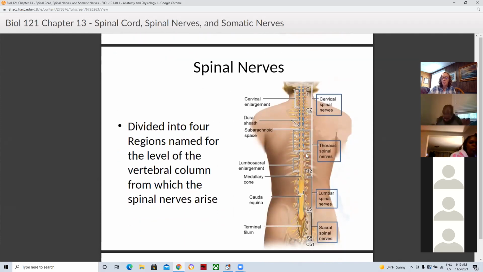The spinal nerves, remember there's 31 pairs, are divided into 4 regions. They're named according to the level of the vertebral column in which they arise.